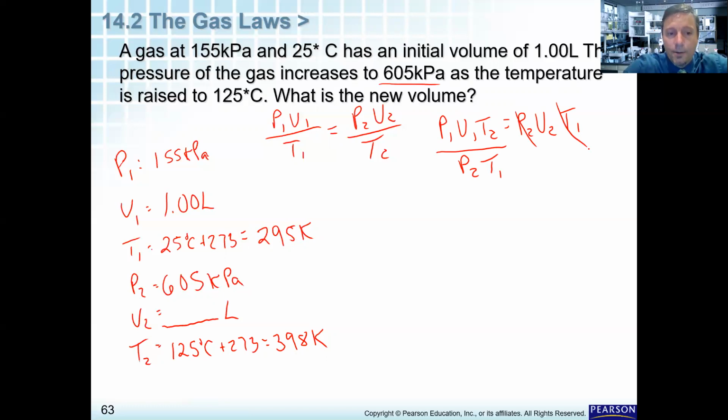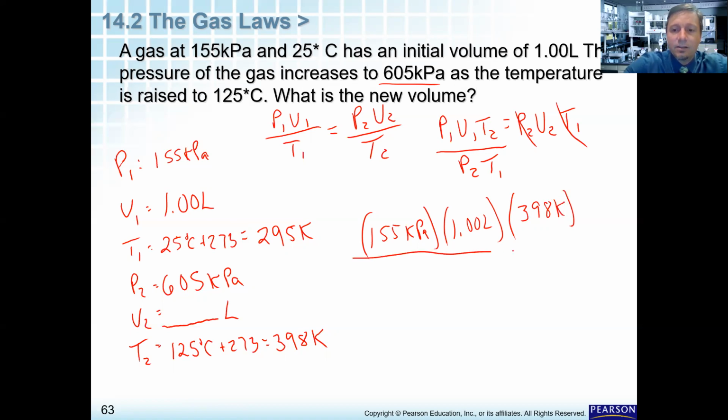So my pressure 1 is 155 kilopascals. My volume 1 is 1.00 liters. My temperature 2 is 398 Kelvin, divided by my pressure 2 is 605 kilopascals, and my temperature 1 is 295 Kelvin.